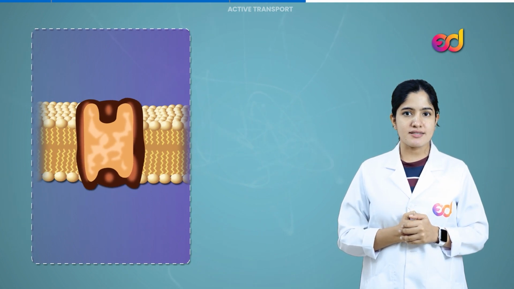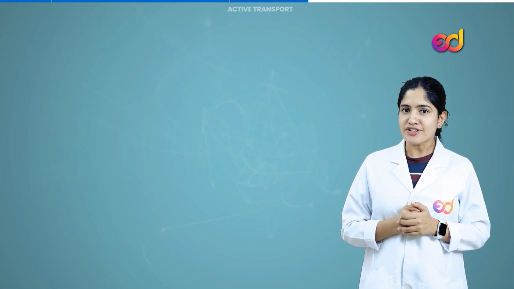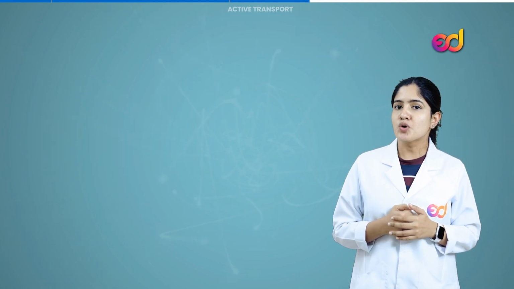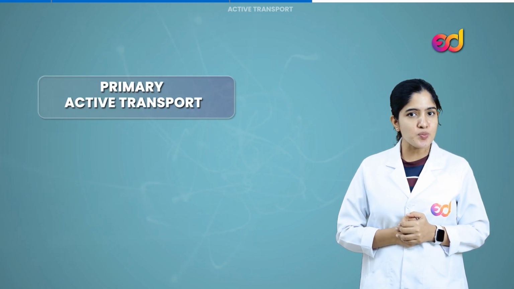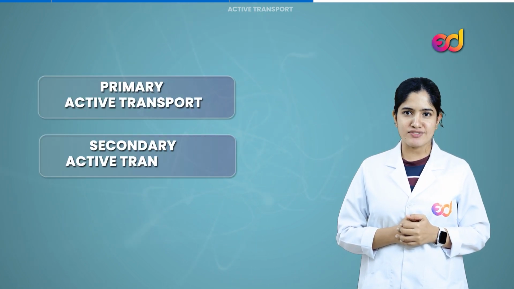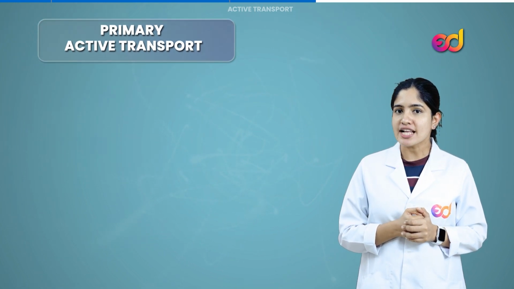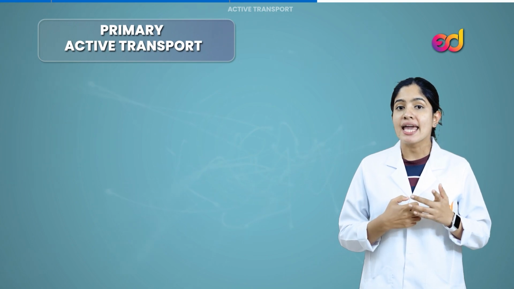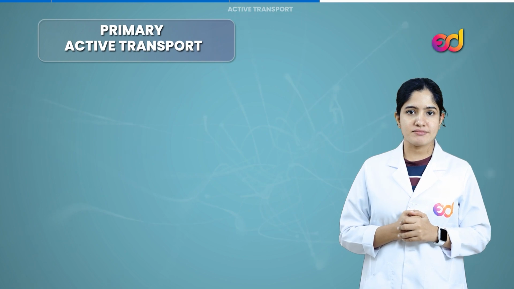Okay, well, like in the case of passive transport, active transport also has different types: primary active transport and secondary active transport. Primary transport is the type of transport mechanism in which energy is utilized directly from the breakdown of ATP.